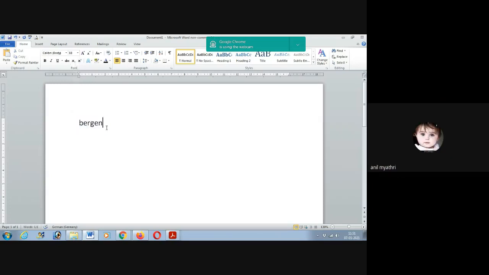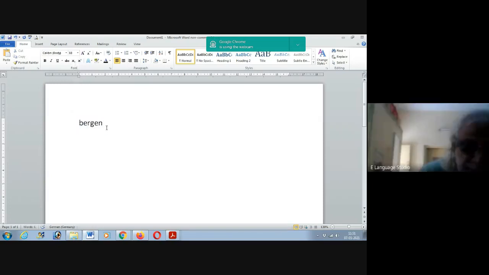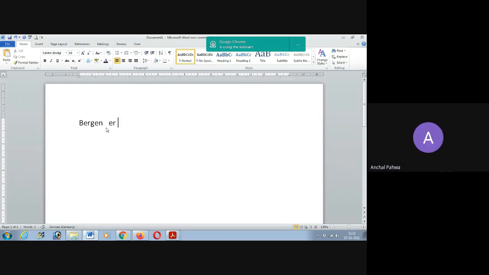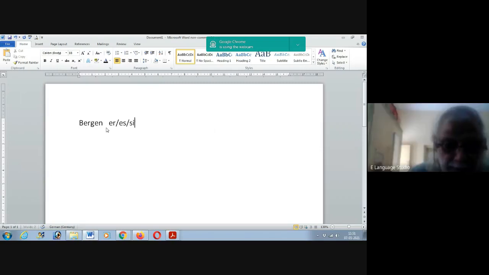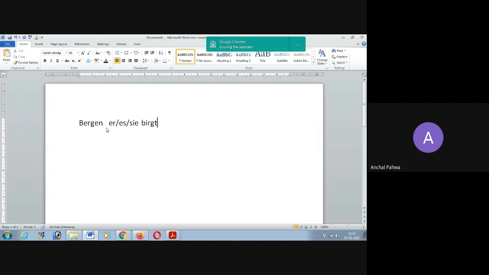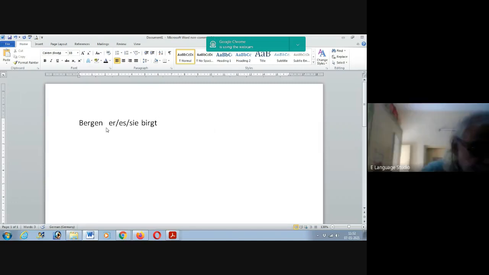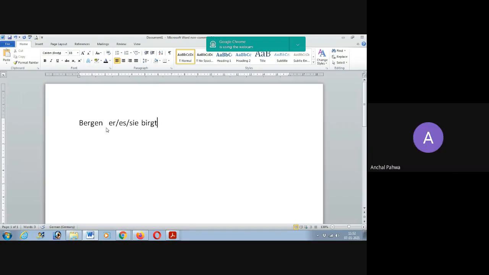This is a conjugated verb. Bergen. Mountain, pile up, the burden increases.